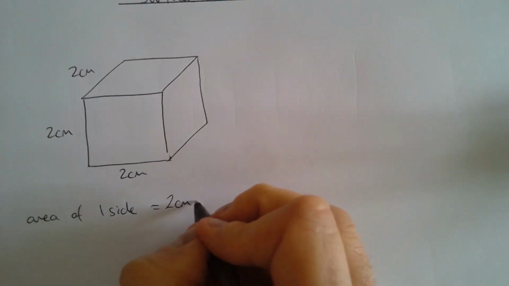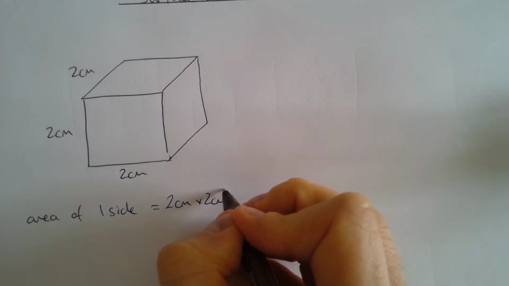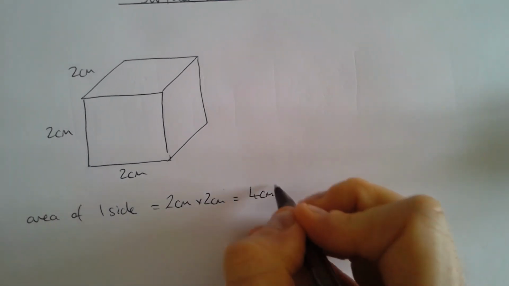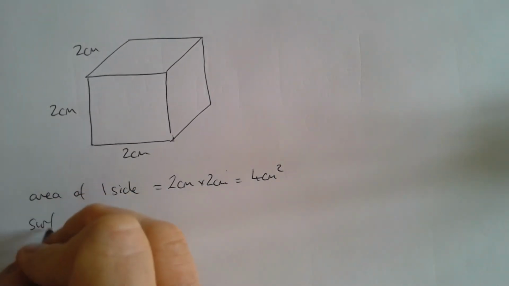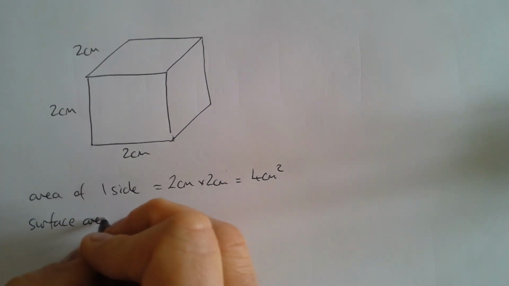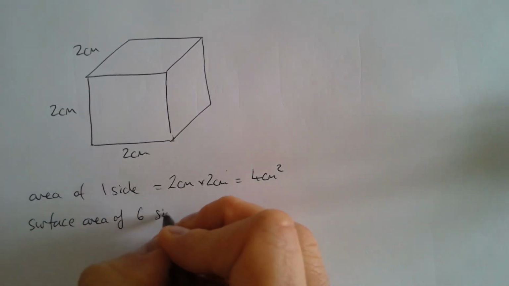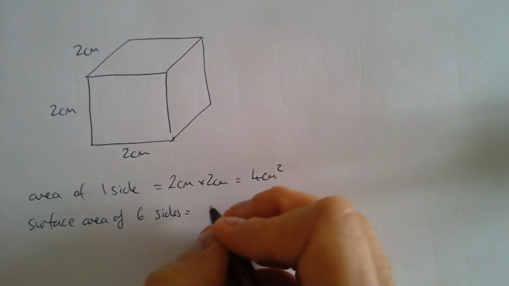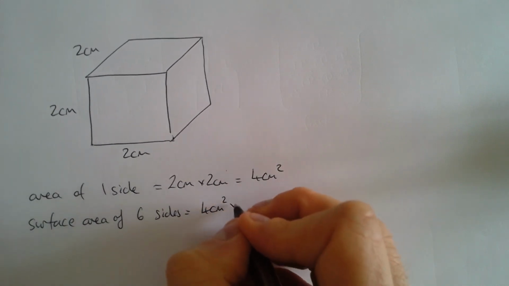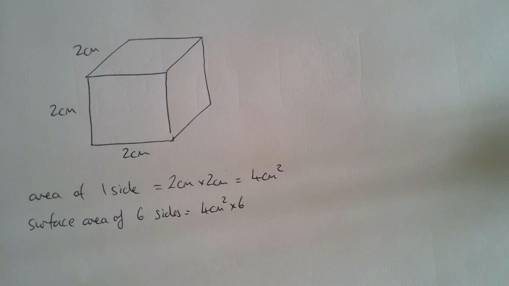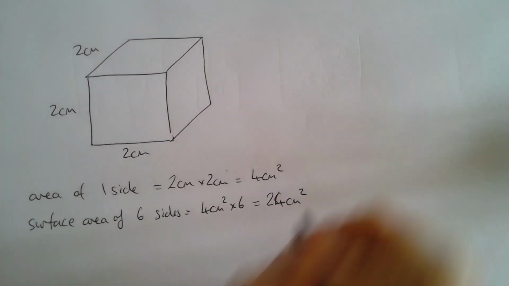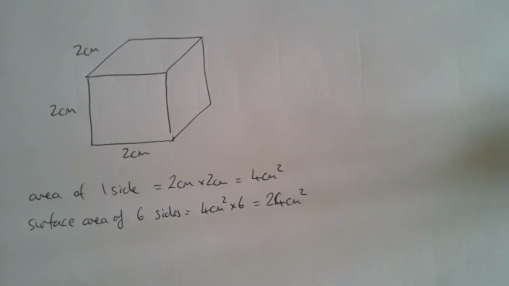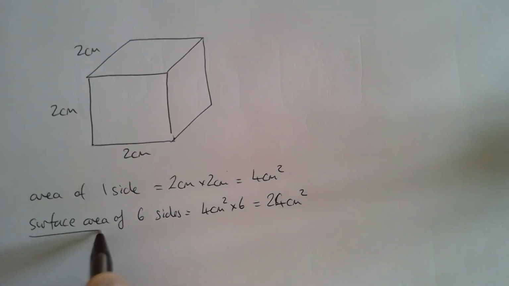So 2 centimeters multiplied by 2 centimeters equals 4 centimeters squared. There are 6 sides on this cube, so the surface area of 6 sides is equal to 4 centimeters squared multiplied by 6, and that is 24 centimeters squared. So we've worked out the surface area.